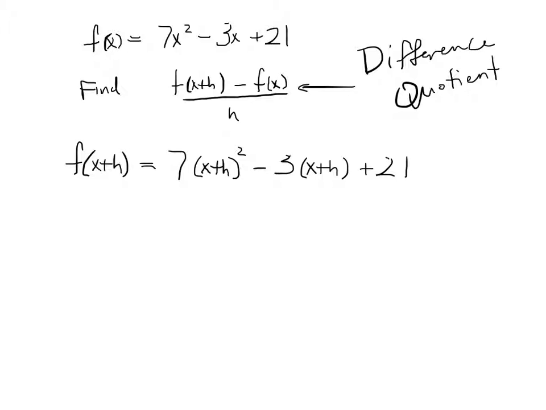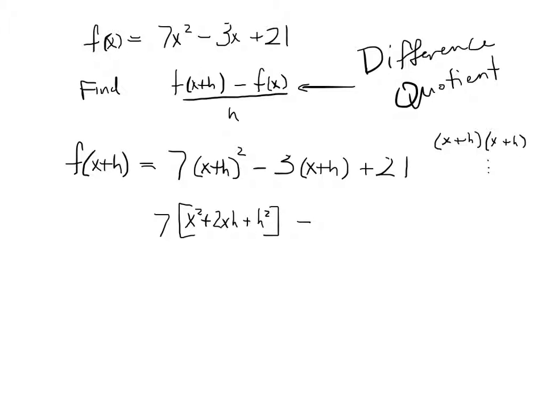So x plus h squared, x squared plus 2xh plus h squared. Now, I just skip straight to that, but if necessary, you can go over here while nobody's looking and figure that out.